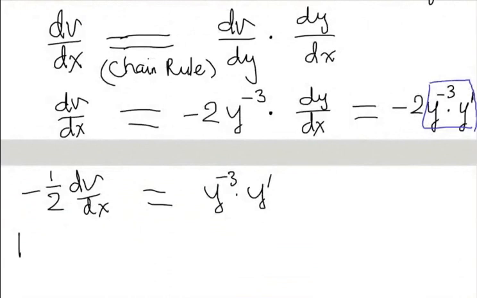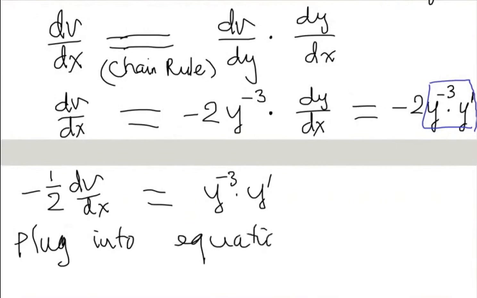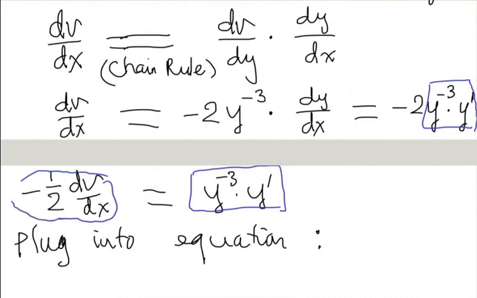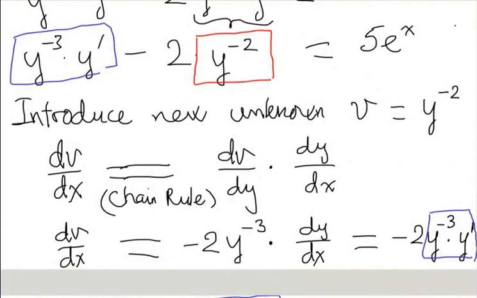Okay, so now we're going to plug into the equation. What do I mean by that? Whenever we see y to the negative 3 y prime, we should replace it by this minus a half dv dx. And whenever we see y to the negative 2, we should replace it by v. Our original equation is right here.